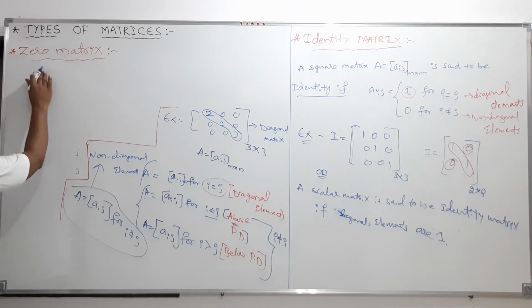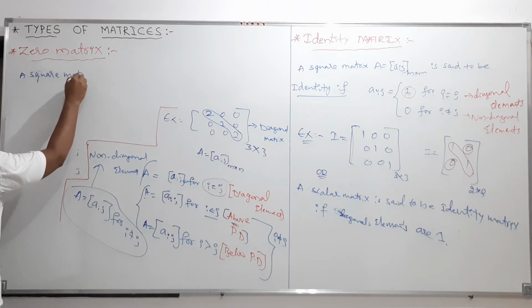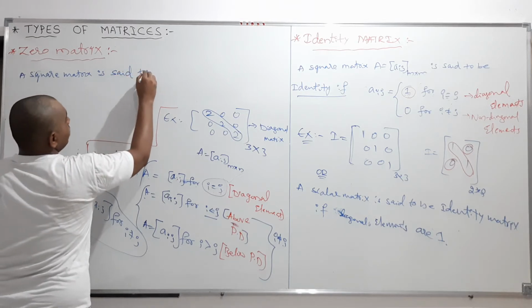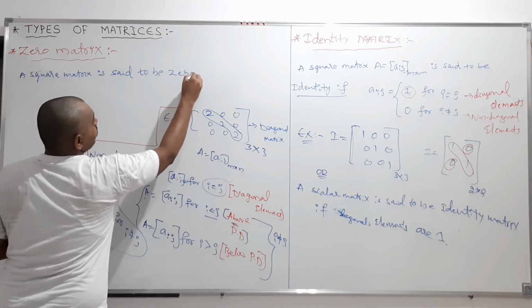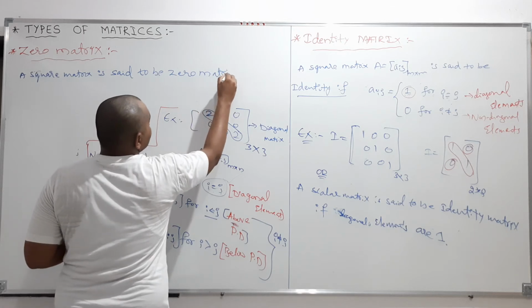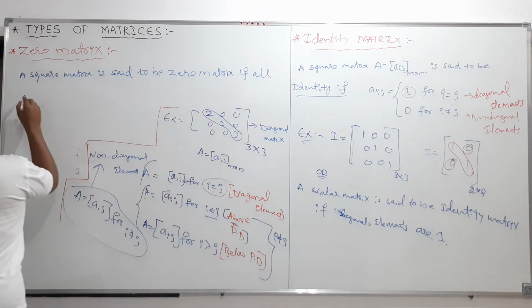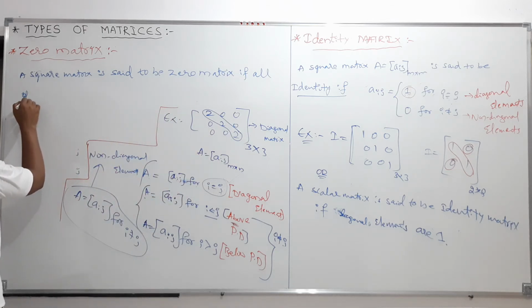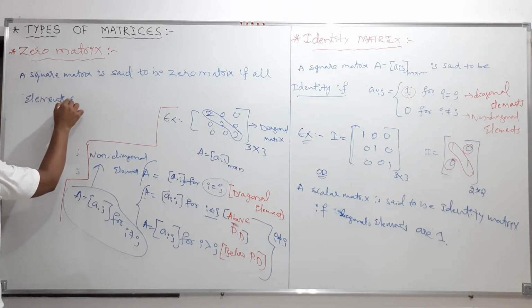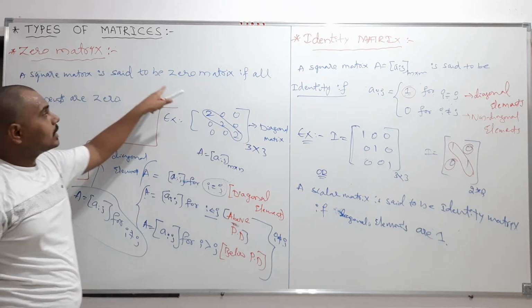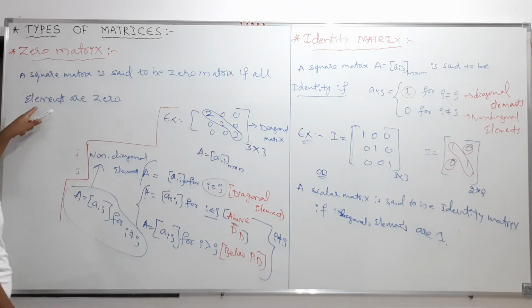So here it is a square matrix. A square matrix is said to be a zero matrix if all elements are 0.